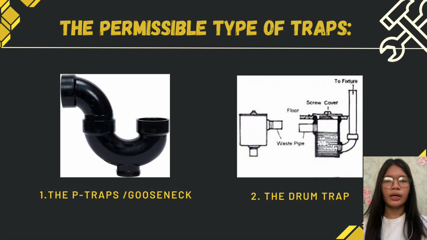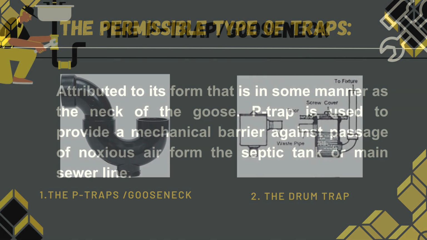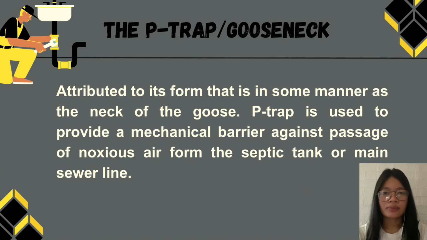Okay, so the next one, there are two permissible types of traps. The first one is the P-trap or gooseneck, and the other one is the drum trap. The P-trap or gooseneck is named for its form, which in some manner resembles the neck of a goose. The P-trap is used to provide a mechanical barrier against the passage of noxious air from the septic tank or main sewer line.